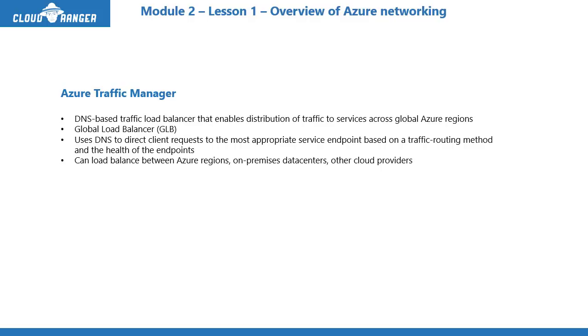But appropriate service endpoint means that, let's say you are a global organization, you have resources in North America data centers of Azure regions, or you have it somewhere in Asia or Europe. If you are using the Traffic Manager routing, you can have a routing method where, let's say I'm in Canada, and someone from here is hitting the Traffic Manager, it will know that this person is geographically located over here.